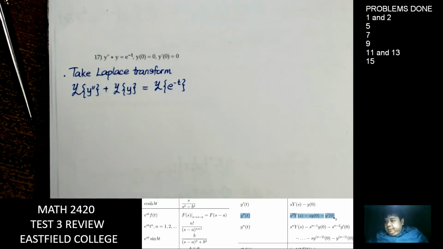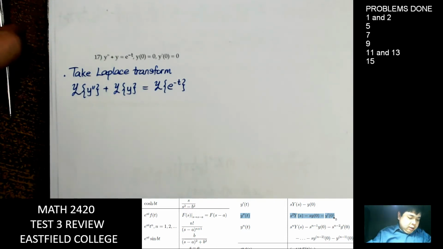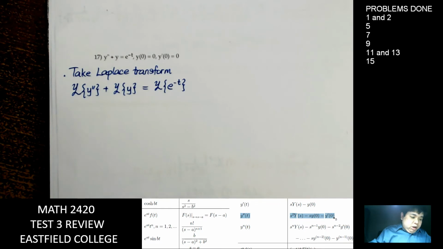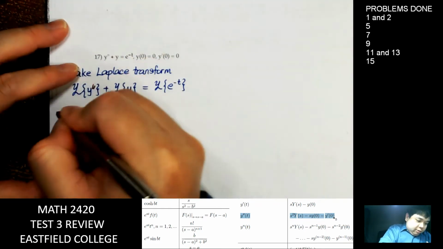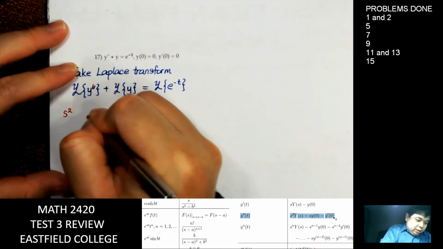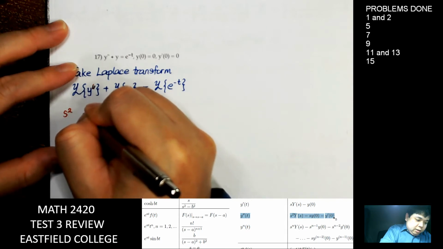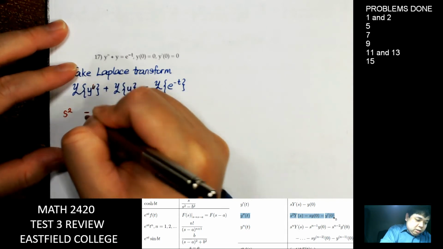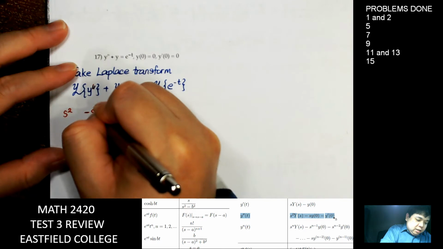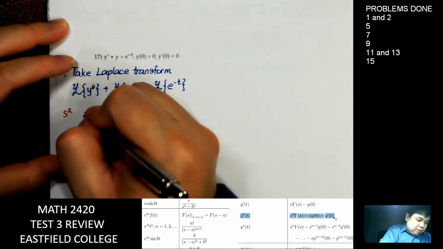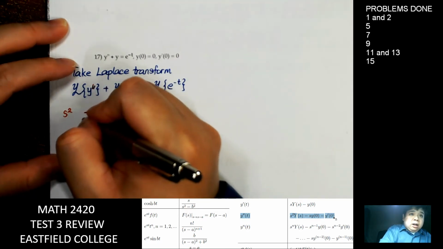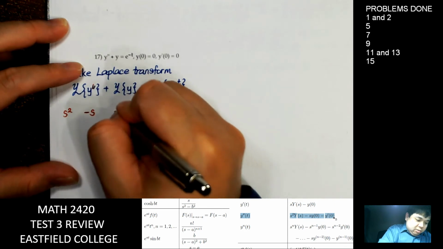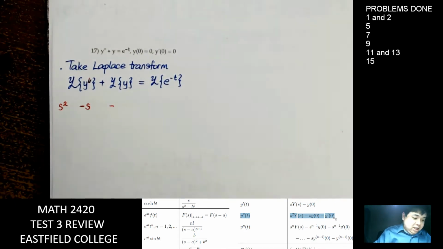Right. Now the transform of the second derivative is going to be s squared Y of s, minus s y of 0, and then minus y prime of 0.